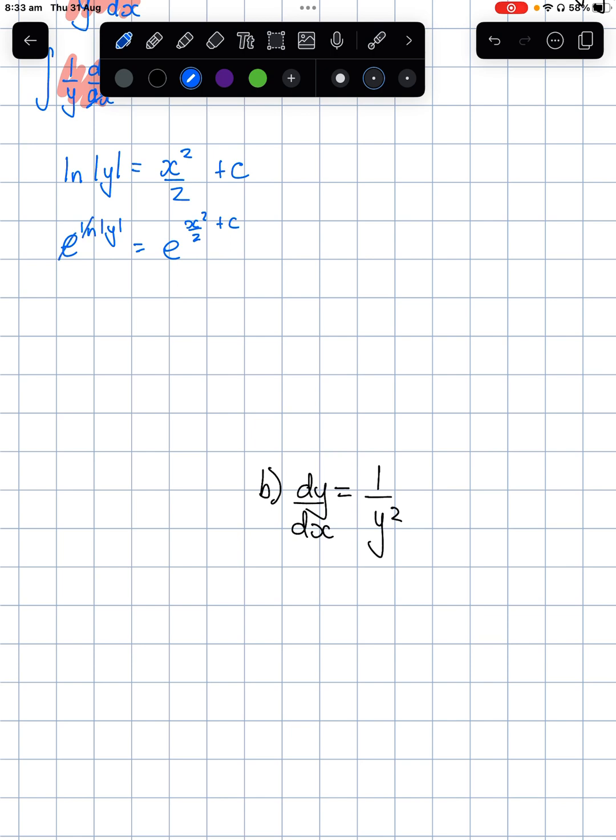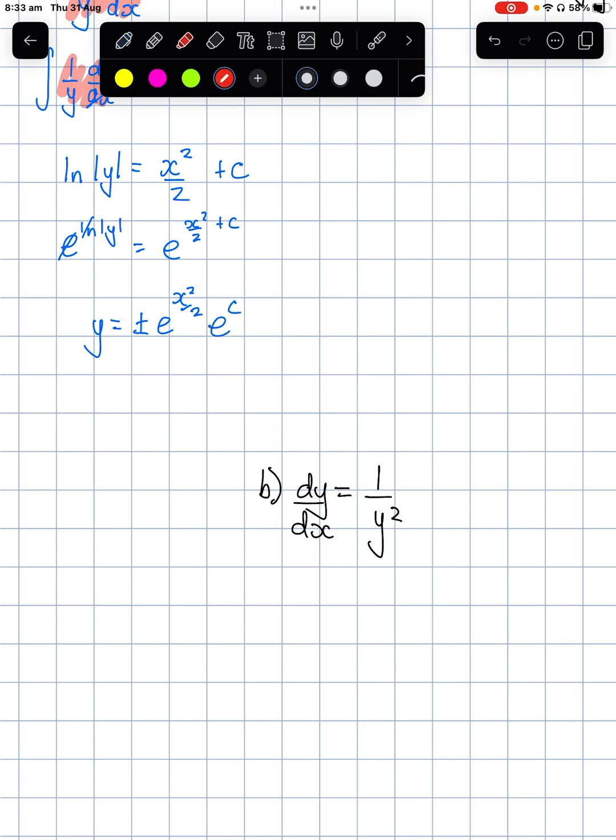So they cancel out. We're going to have y equals plus or minus, I'm going to leave this in here just for the minute, e to the x squared on 2, and then e to the c using our index laws.